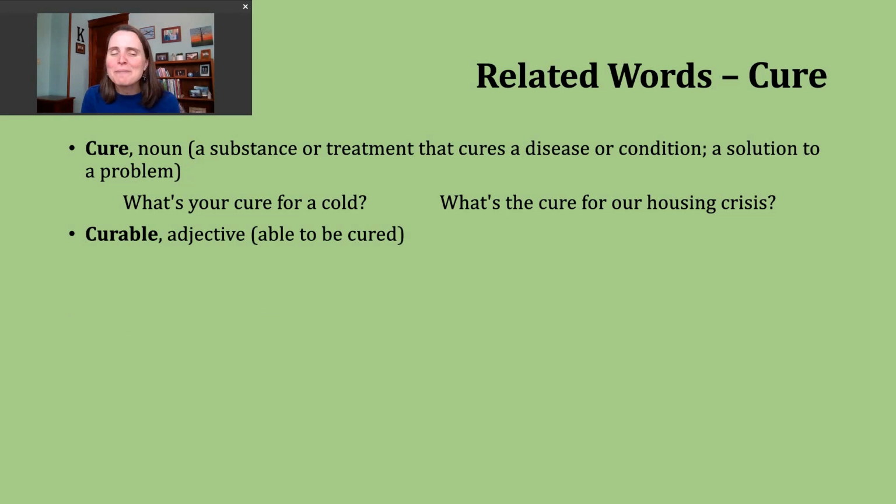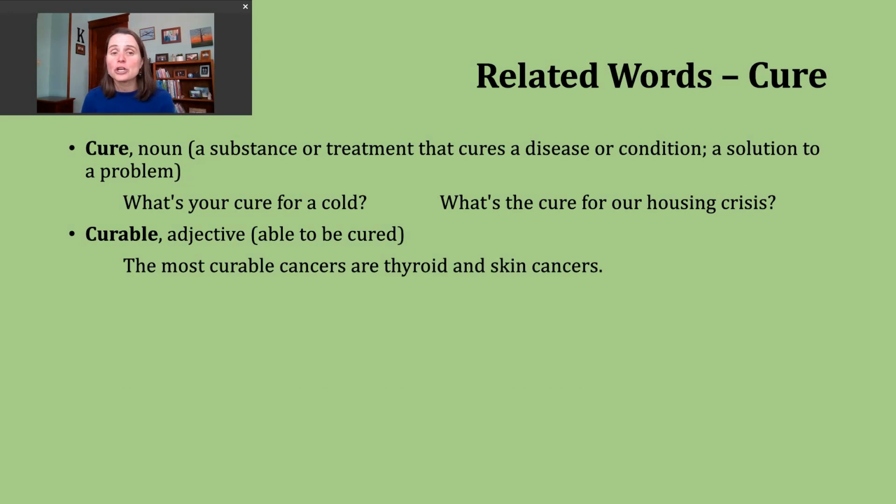Another related word you might see is the adjective curable. That suffix able is a good sign that you're looking at a word that is an adjective, and we can always take that able and look back to our root word. So here, curable just means able to be cured.